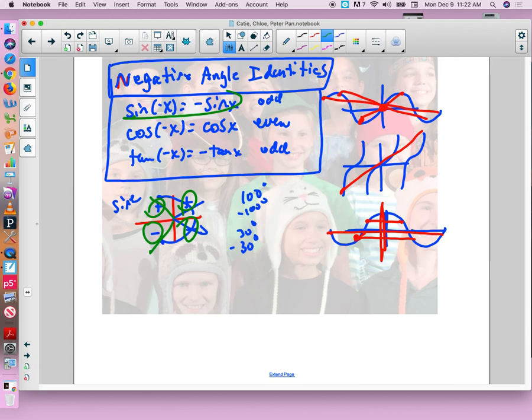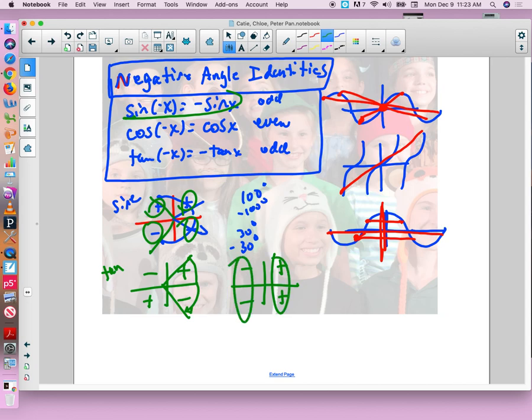That's odd. Tangent goes like this. This is tangent. All students take calculus. This is for tan. If I go in this quadrant and then I go back the other way the same distance, do I get the same answer or do I get opposite answers? Cosine. All students take calculus. Do you see it doesn't matter which way you go?